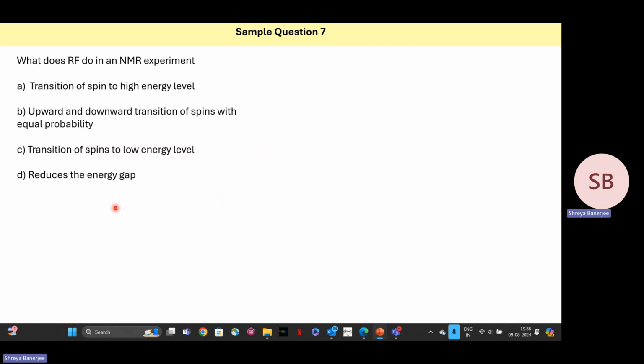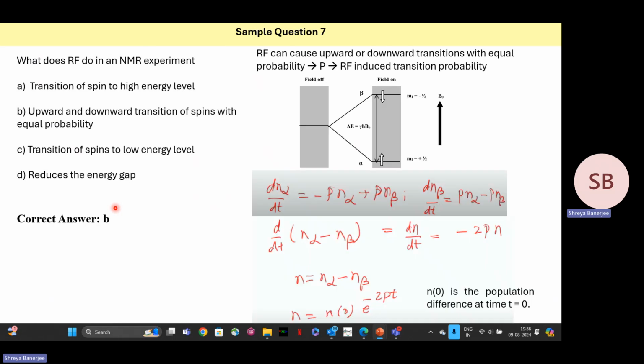Then you have a question asking, what does the radio frequency do in an NMR experiment? So the correct answer is that the radio frequency promotes both upward and downward transition of spins with equal probability. So in the previous class, we had defined a term P, which we called radio frequency induced transition probability.